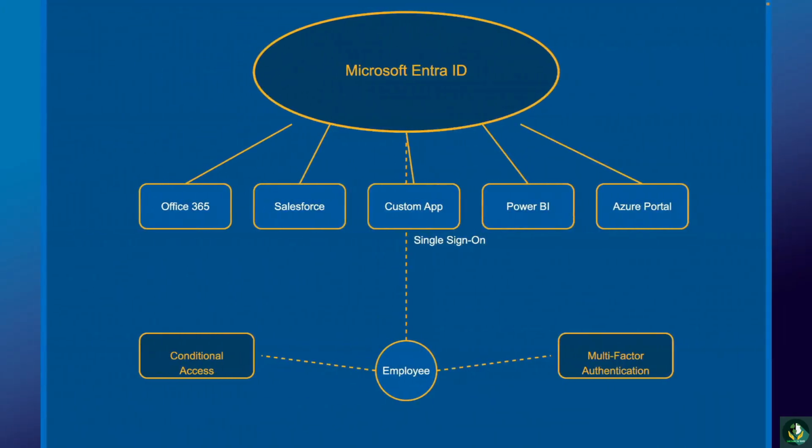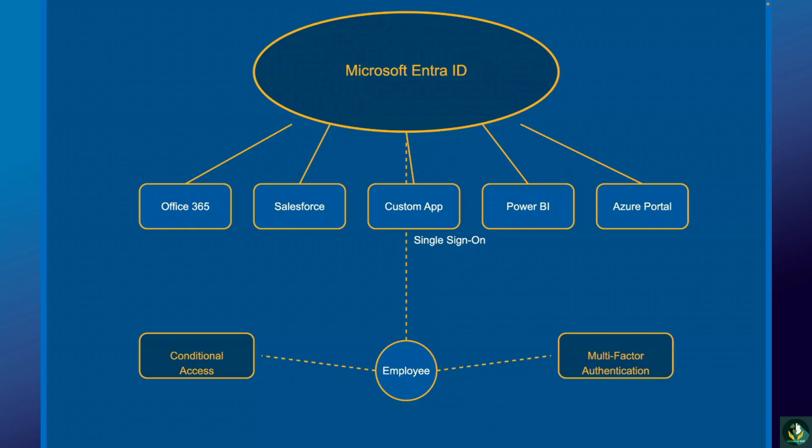Now, let's take this real-life usage example. In this real-world scenario, we see how Microsoft Entra ID facilitates secure and efficient access management for a typical enterprise employee. The diagram illustrates several components and processes.